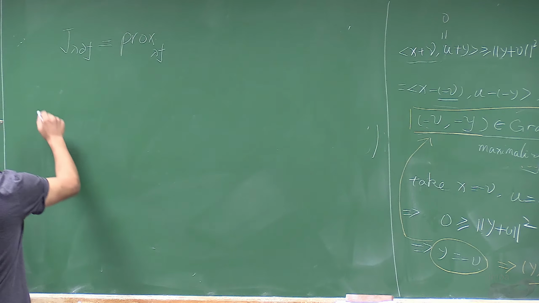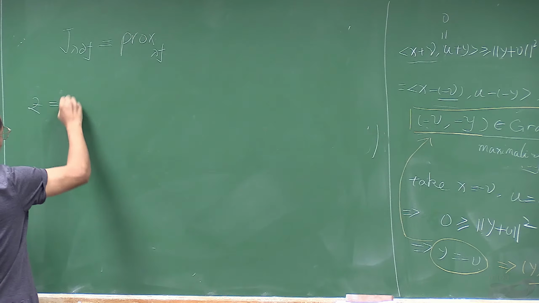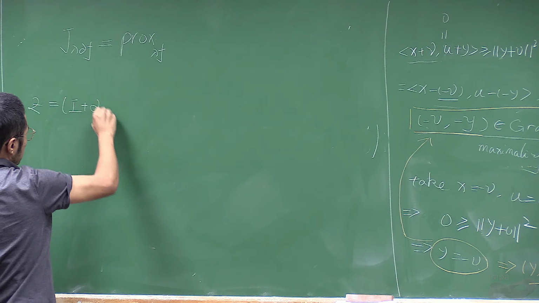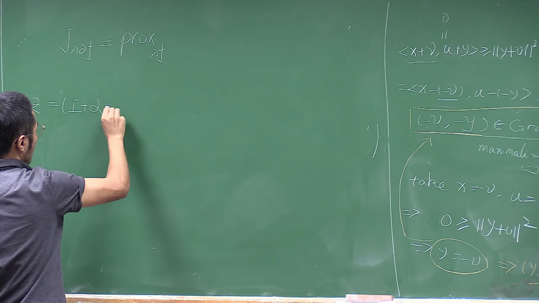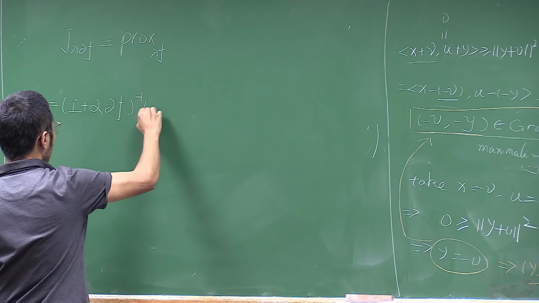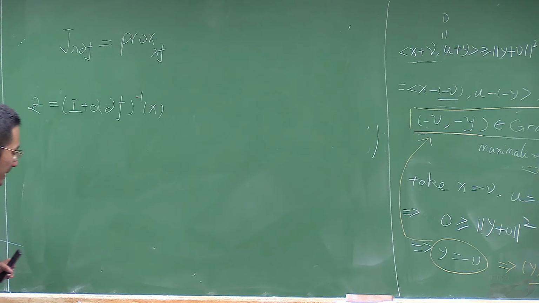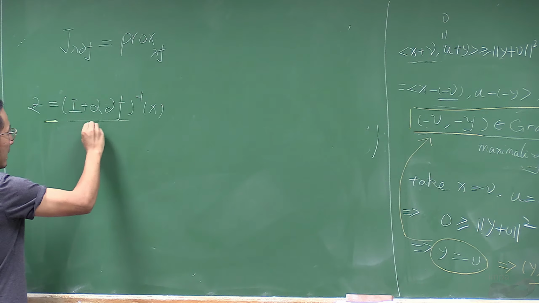So we assume z belongs to the resolvent of x. Be careful, we can write equal here because the resolvent is single valued.